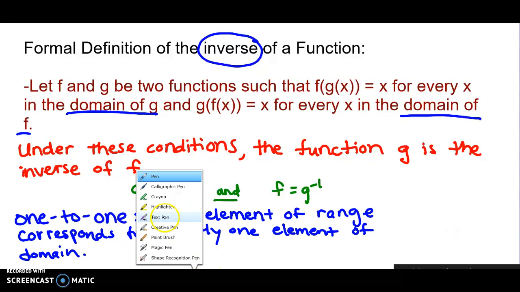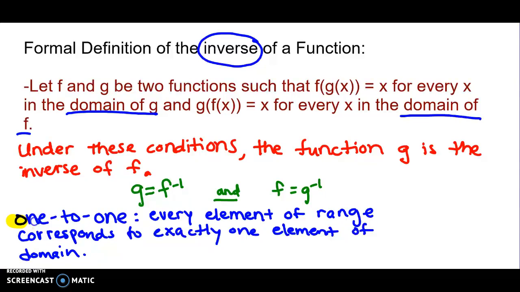I'm even going to highlight this just because I like using the highlighter. So one-to-one, we know that every element of the range corresponds to exactly one element of the domain.